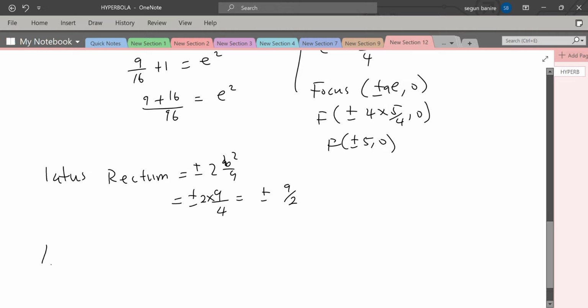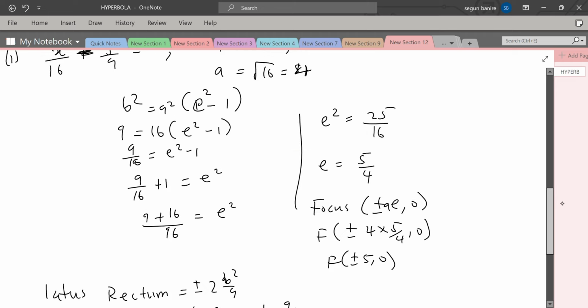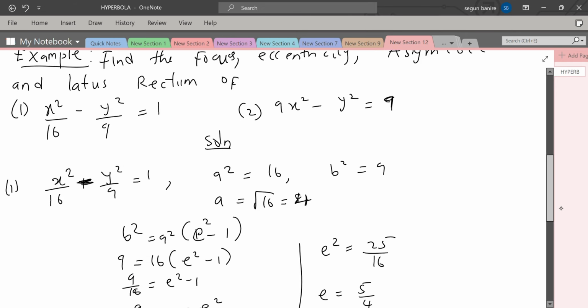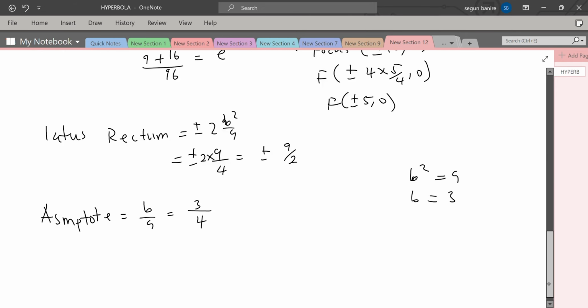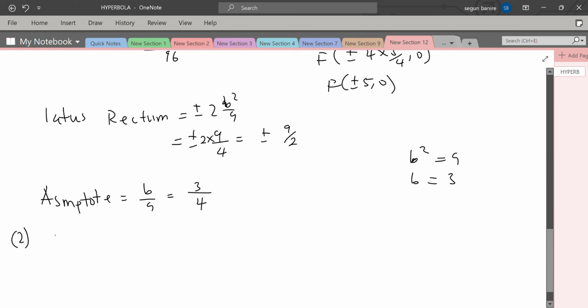So your asymptote is b over a. So what is b? b squared is 9, so b is 3, so you get 3 over a, which is 4, so 3 over 4 is your asymptote. Okay, with that being said, let's go to question 2. 9x squared minus y squared is equal to 9.